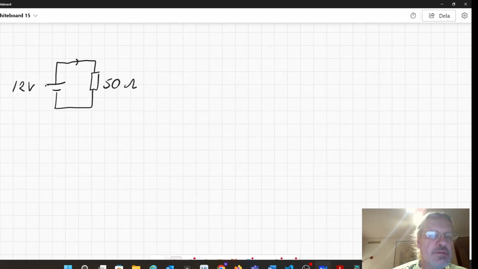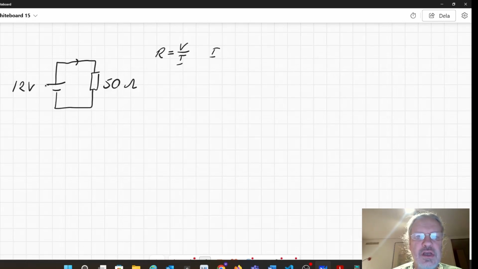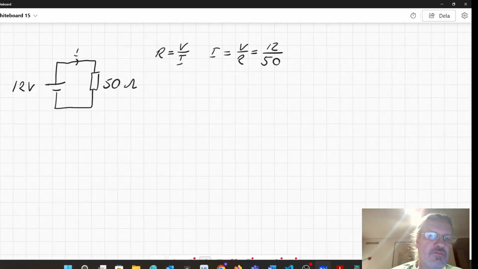So to do that, we need to find the current. And we have resistance equals voltage over current, or in other words, current equals voltage over resistance. The voltage was 12 divided by 50, right? Okay, so let's calculate that.